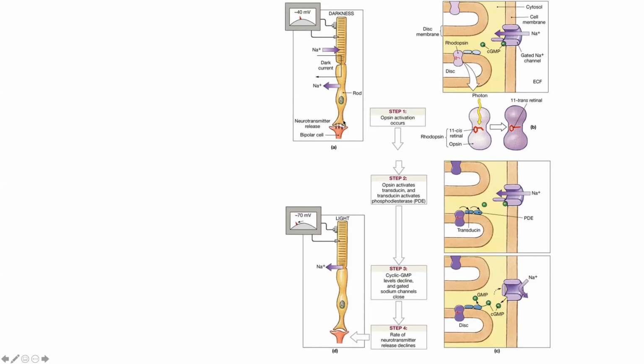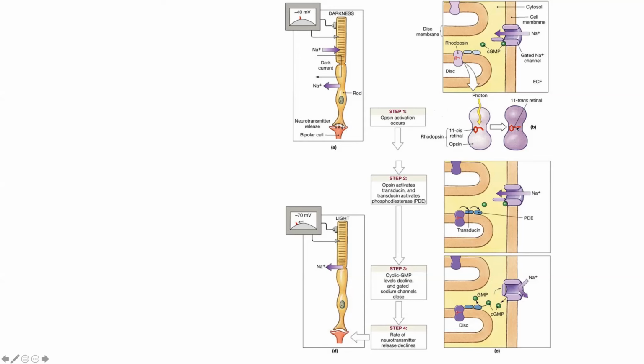Now, when we have light coming in, we have a photon of light that comes in. Here is our photon, it comes in and hits that retinol. When it hits the retinol, it changes from a cis form to a trans form.